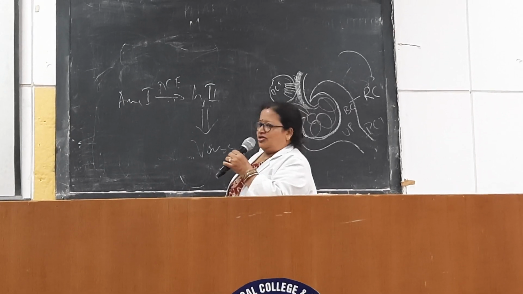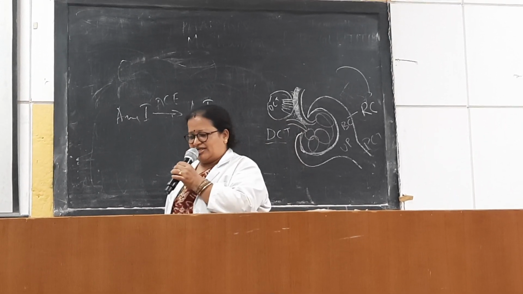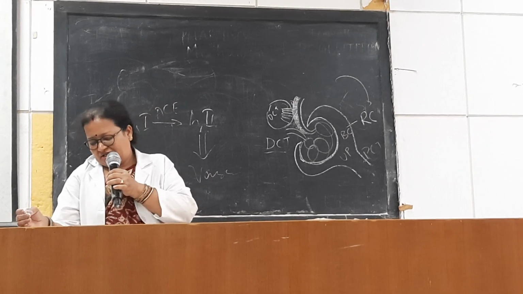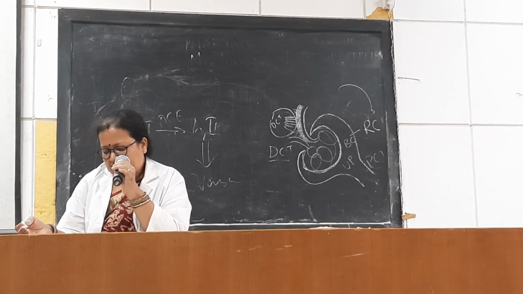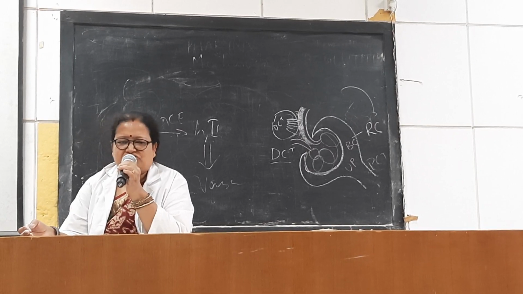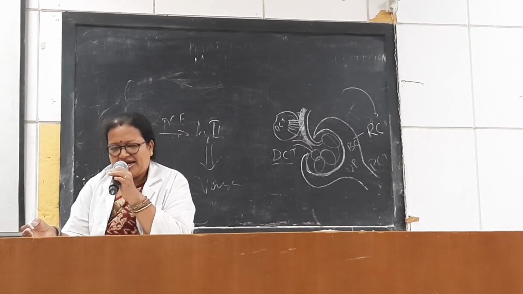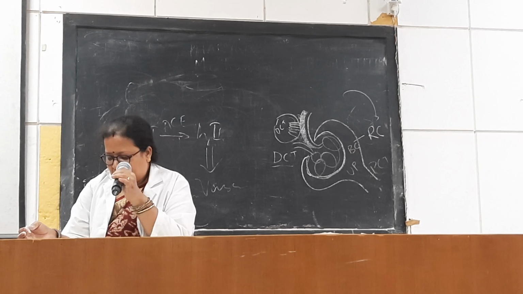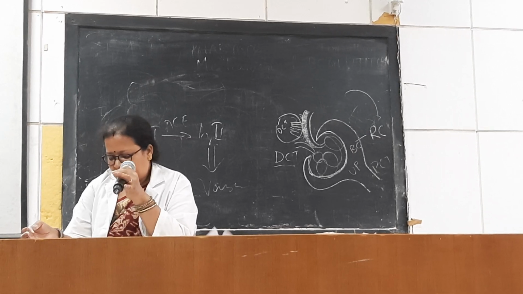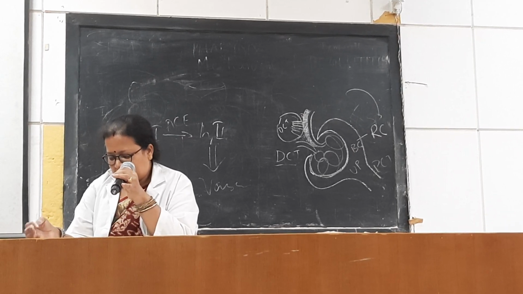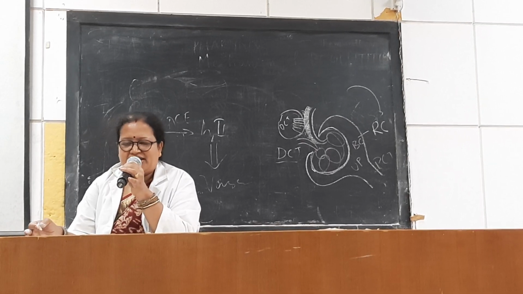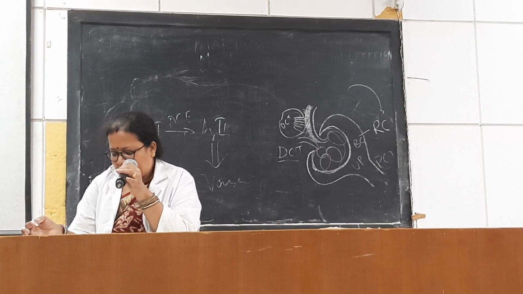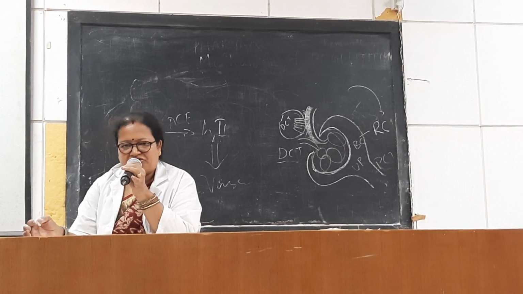And also there is some effect of aldosterone. The sodium reabsorption of the distal convoluted tubule is also controlled by aldosterone, which is released from the adrenal cortex. Aldosterone induces the distal convoluted tubule to actively reabsorb sodium, chloride and water, and make the interstitium hypertonic.